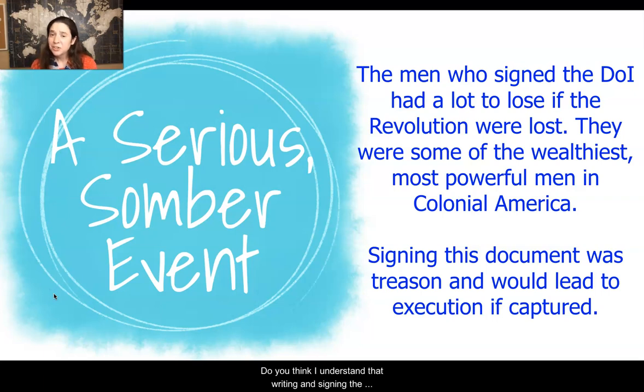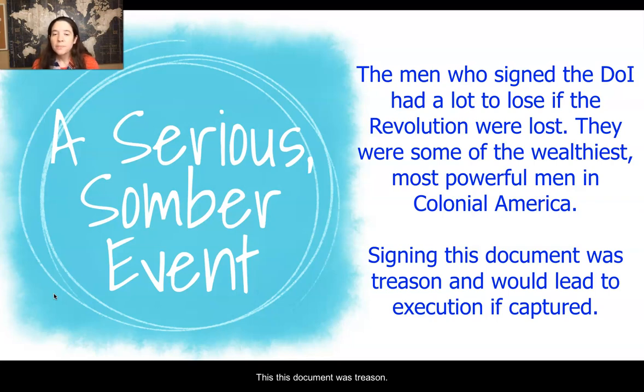So students need to understand that writing and signing the Declaration was a serious, somber event. The men who signed the Declaration of Independence did not just wake up one day and say, woohoo, we get to sign the Declaration. They were risking everything. They were risking their lives, their families, all of their property.